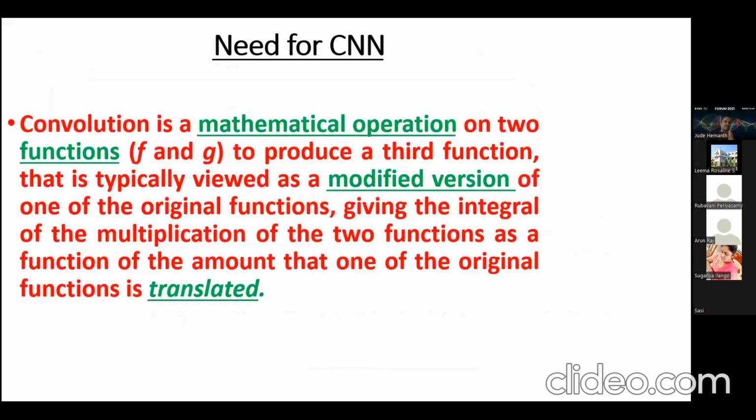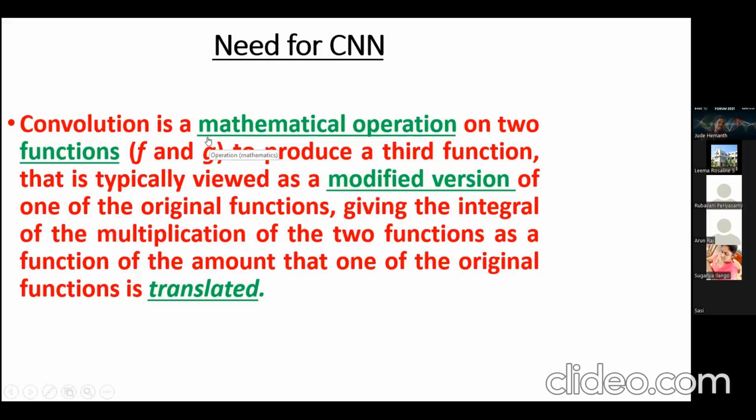So what is convolution? This I have taken from Wikipedia. It is a mathematical operation which is used for processing between two functions. So you have an original bio image and you will have a duplicate image. You need two functions. When you convolve these two things, you are going to get a third image, which is called a modified version of the original image.